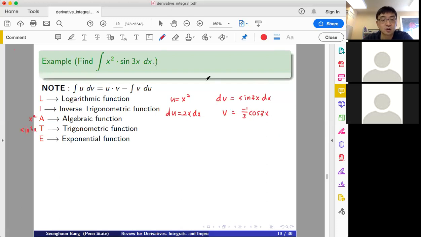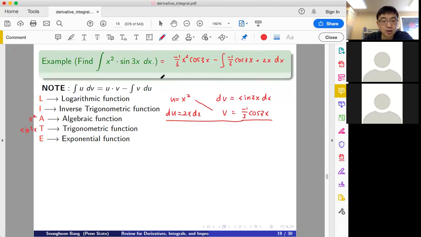So you can use u times v here. We have negative 1/3 x squared cosine 3x minus the integral of v times du. v times du is negative 1/3 cosine 3x times 2x dx.